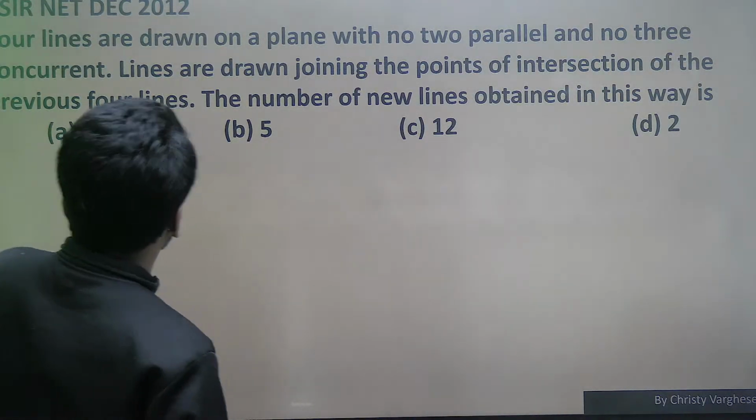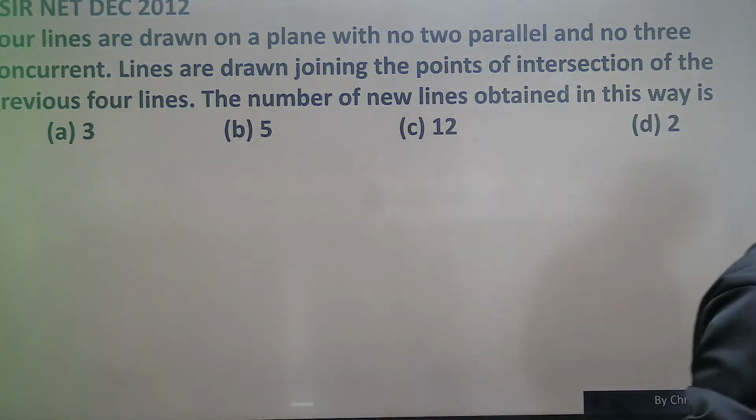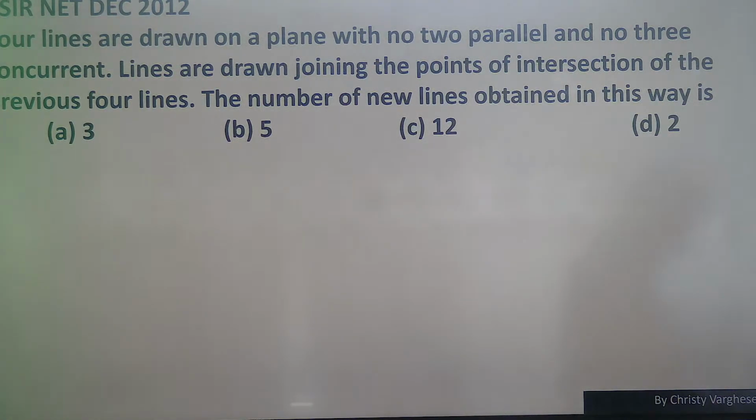So can you try this question? This is a very good question asked in the 2012 NET exam. Well, try it.